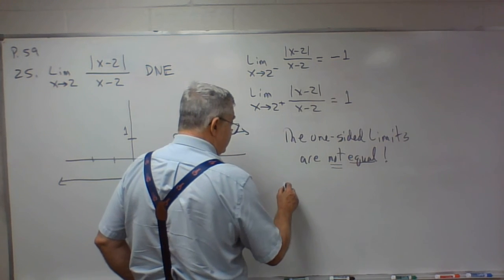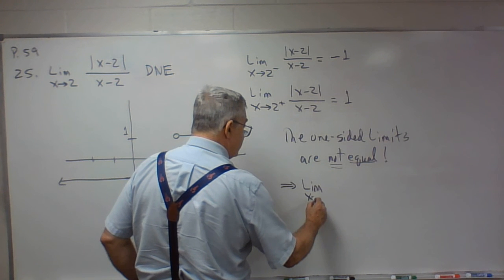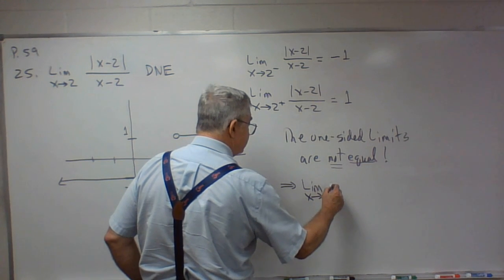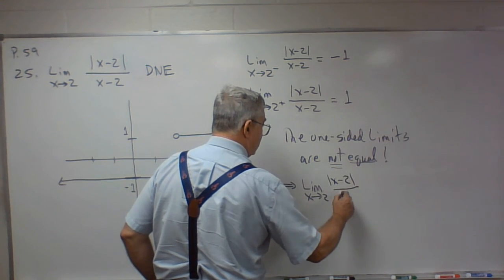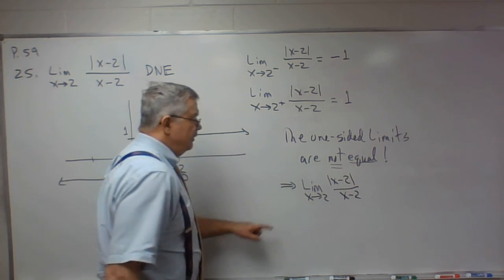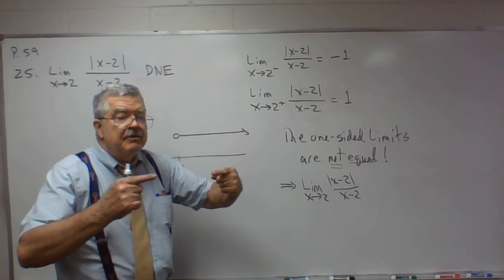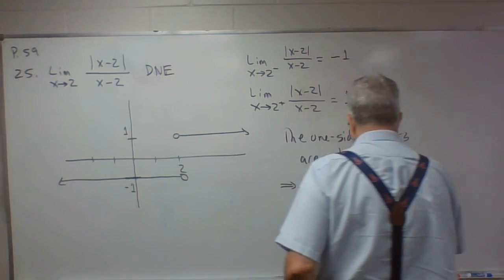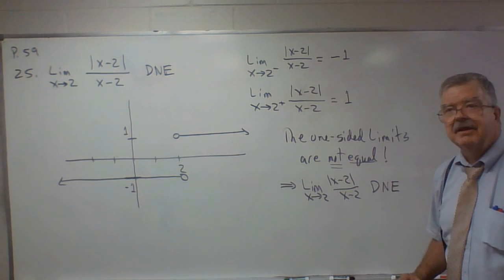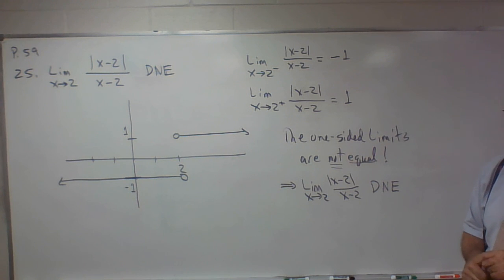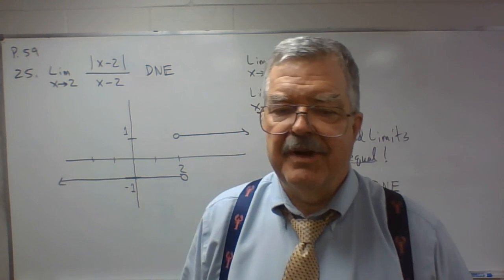And because the one-sided limits are not equal, this thing that we call the limit as x approaches 2 from either direction does not exist. Okay, that's what we did yesterday in class.